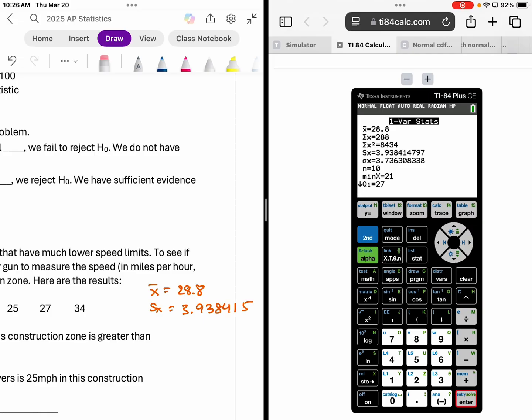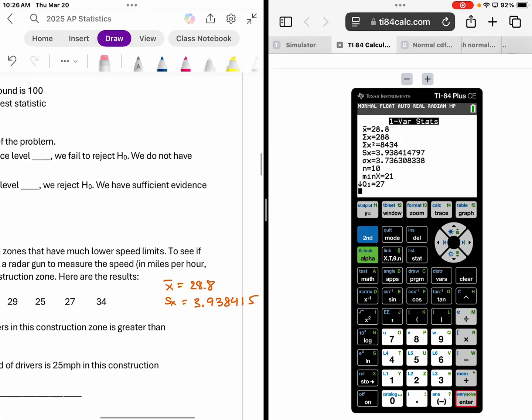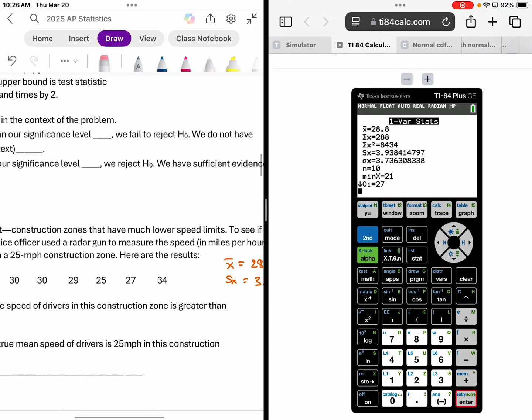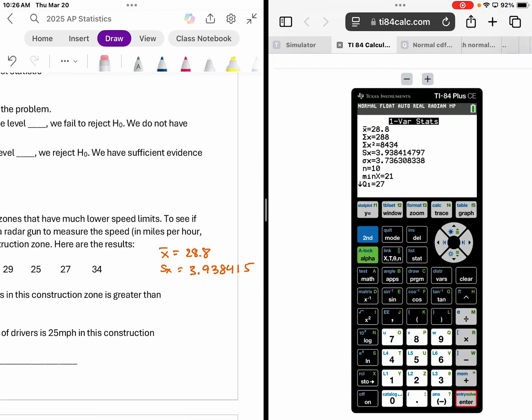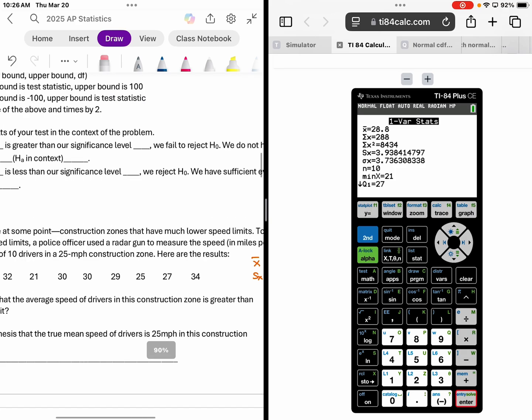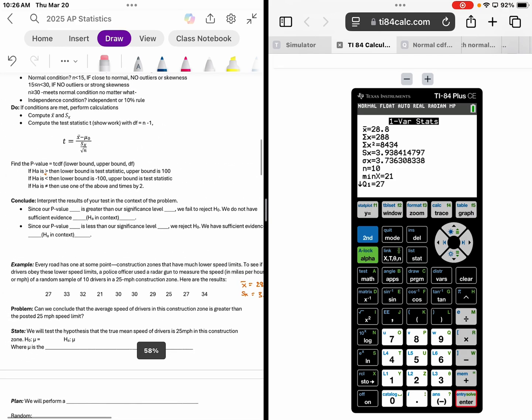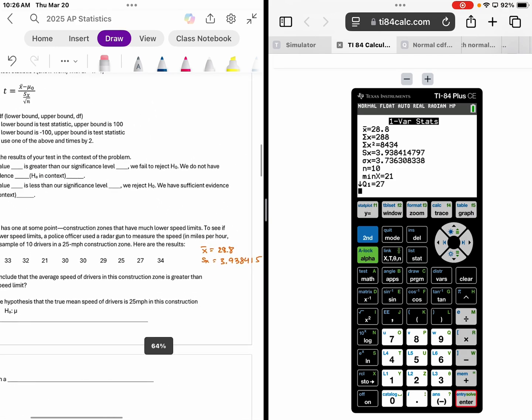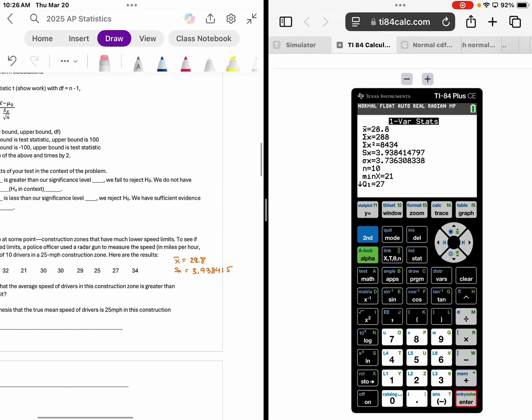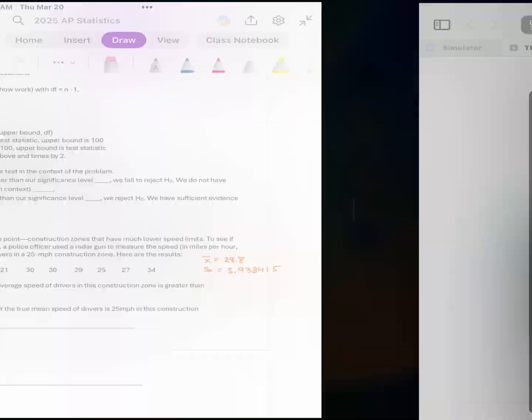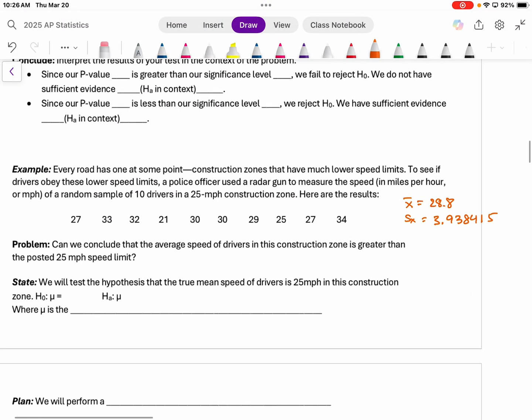I went out that far because I know that's going to keep me accurate for what I'm doing. Now I do need a test statistic, a t-star here, but I'll do that one later when I need to. All right, so I got that stuff.